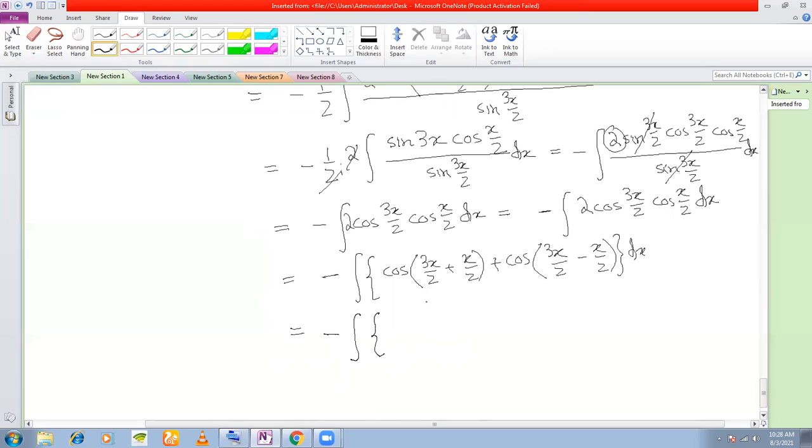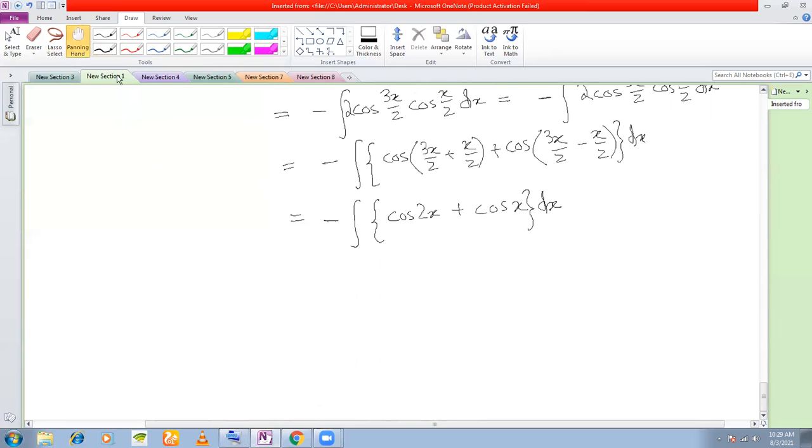Now this is cos of 3x by 2 plus x by 2, cos 4x by 2, which is simply cos 2x, plus cos of 3x by 2 minus x by 2 will give you cos 2x by 2, which is simply cos x dx. So now this is done. Now you integrate separately.